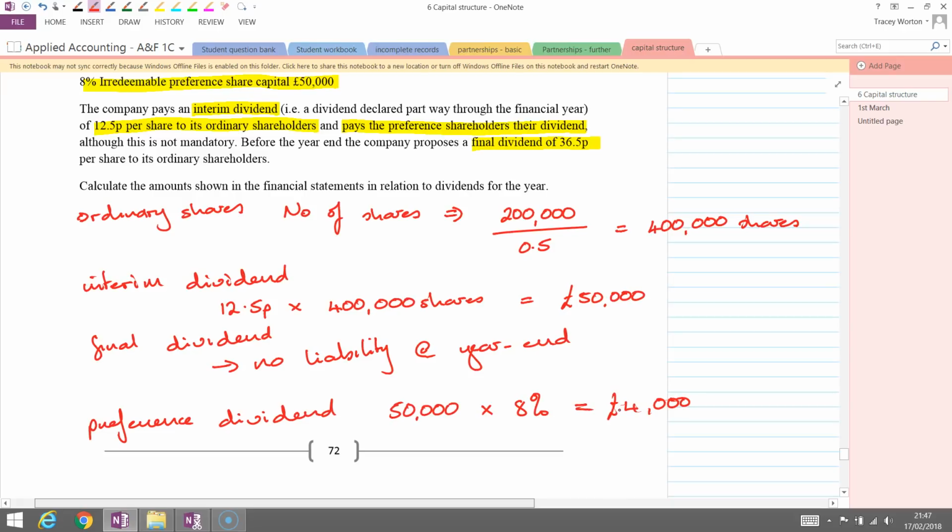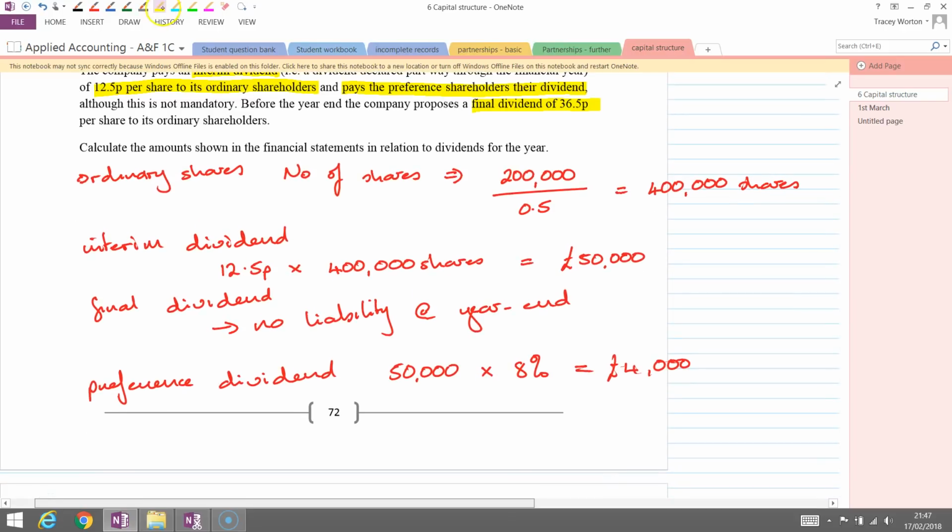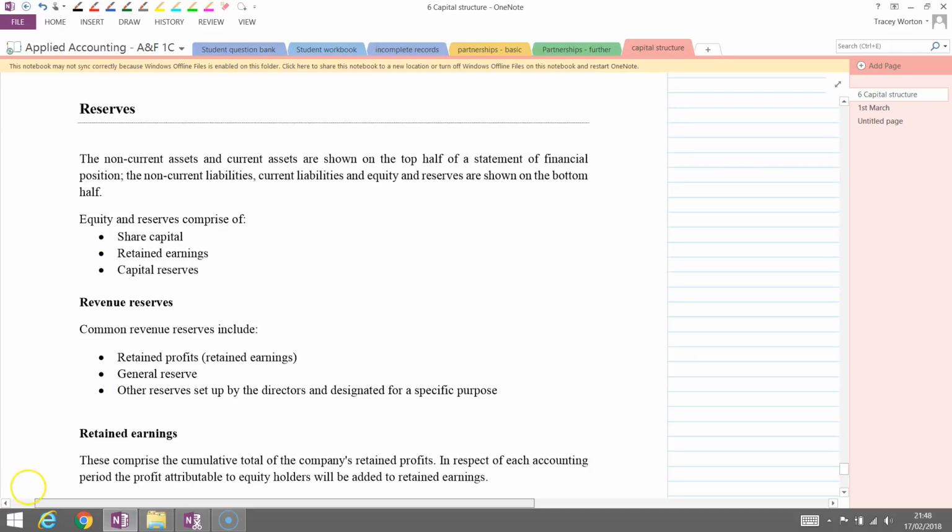So in terms of the dividends that are going to go through the accounts, we're going to charge a £50,000 interim dividend on the ordinary shares and £4,000 on the preference shares. When we look at the financial statements of a limited company, we'll look at how that is presented.